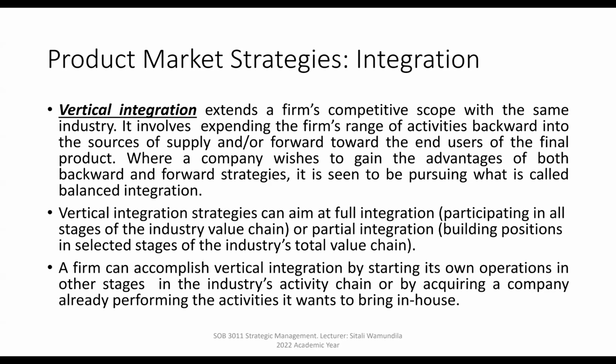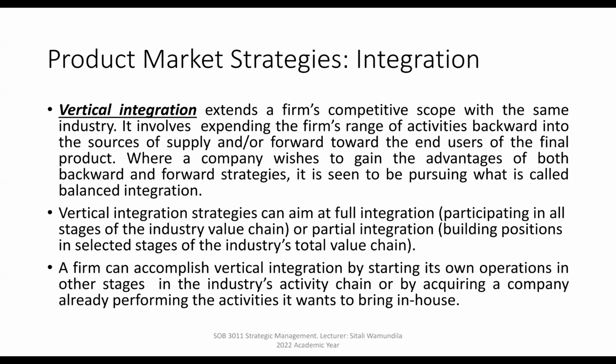Now, with vertical integration strategies, they can aim at full integration. This is to say participating in all stages of the industry value chain. Or they can do partial integration. When they do partial integration, they build positions in selected stages of the industry's total value chain.